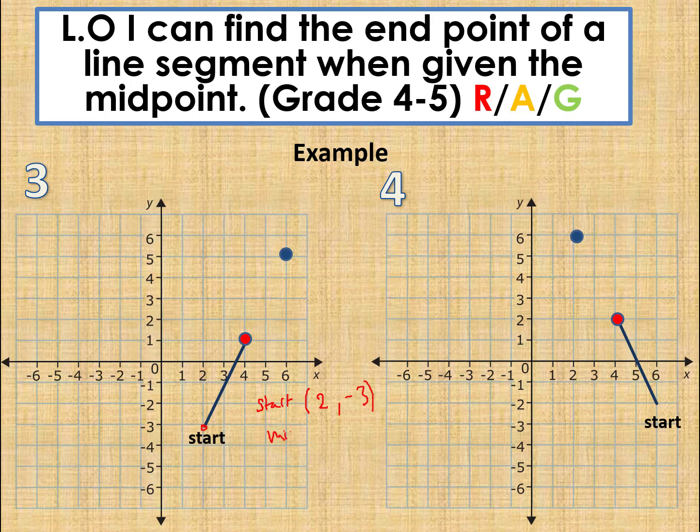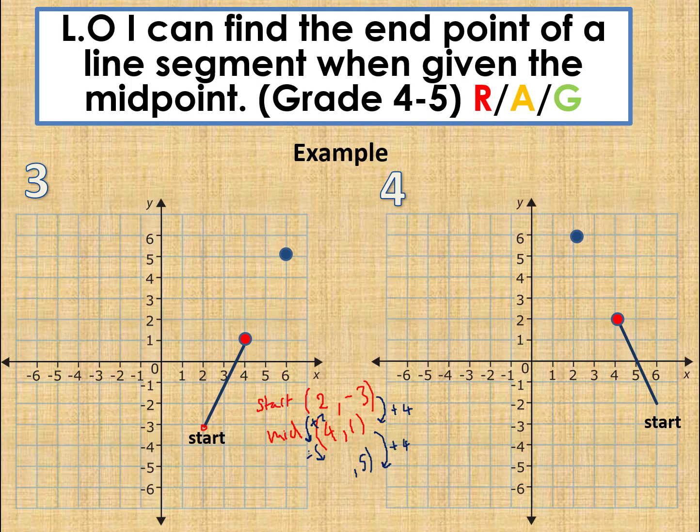Let's write the midpoint down. 4, 1. Now, from minus 3 to 1, that's being plus 4, right? So you've got a plus 4 again to get the end point. That's 5. You can see that's being plus 2 there.